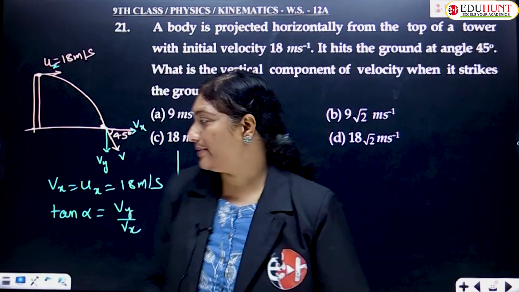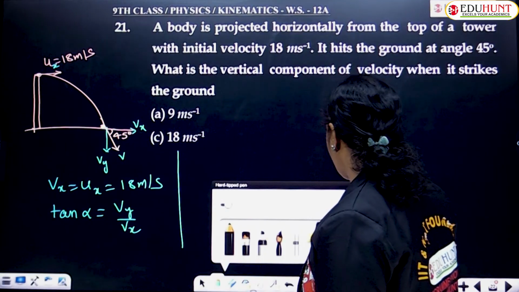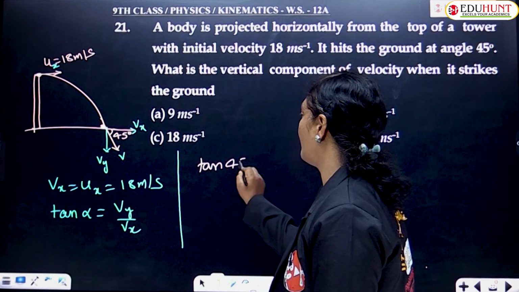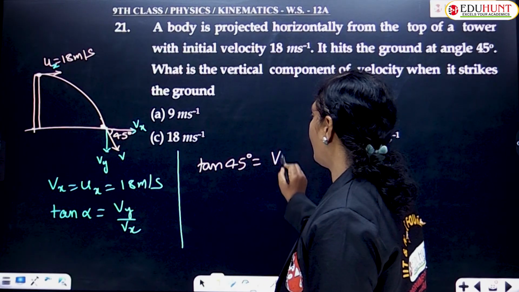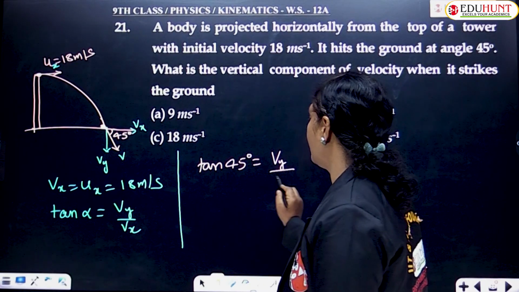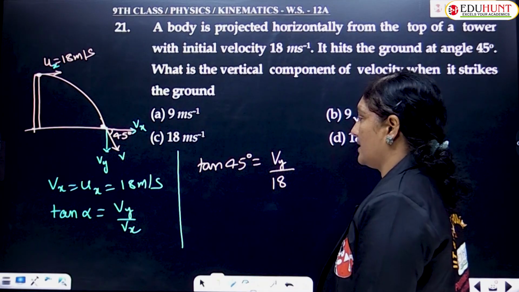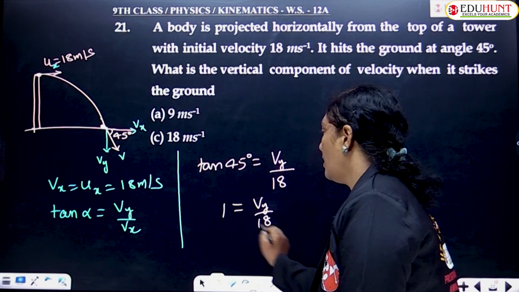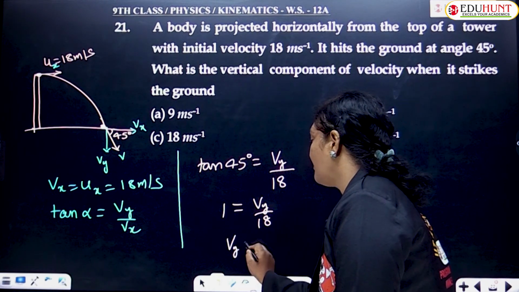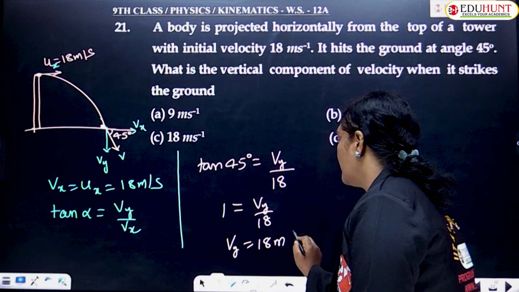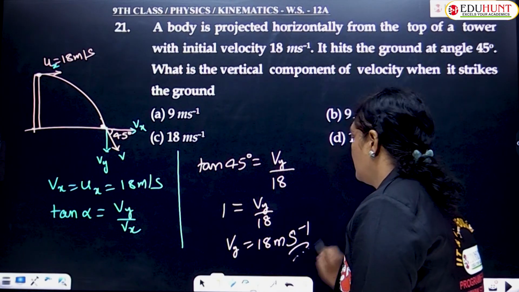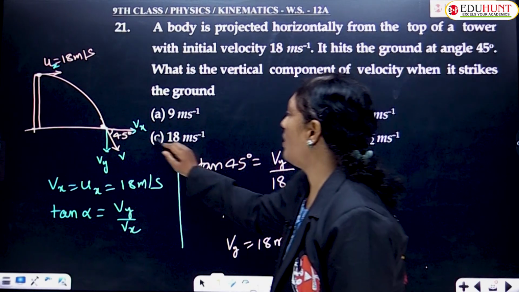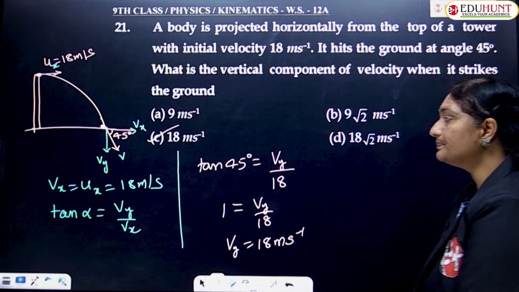So let us substitute the values. Tan 45 degrees equals Vy, which you are asked to find, divided by Vx, which is 18 meter per second. Tan 45 is 1, so 1 equals Vy by 18. Cross multiplying, you get the value of Vy as 18 meter per second. So option C must be true. Clear? That's it.